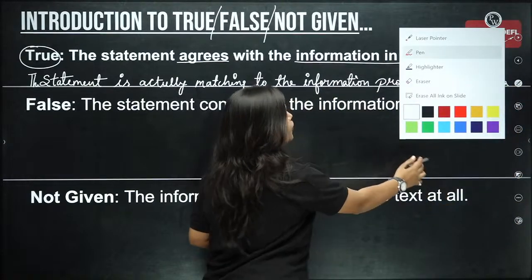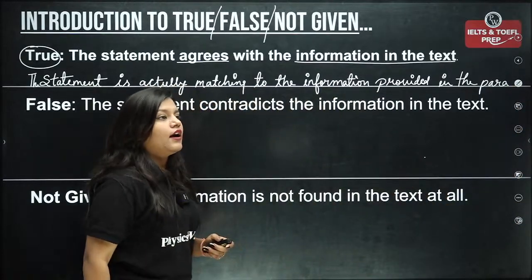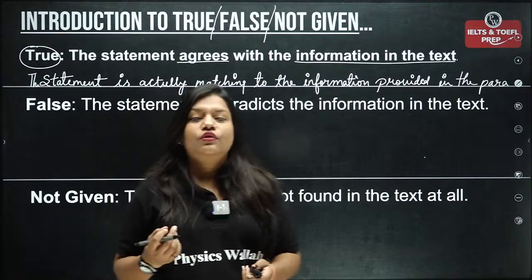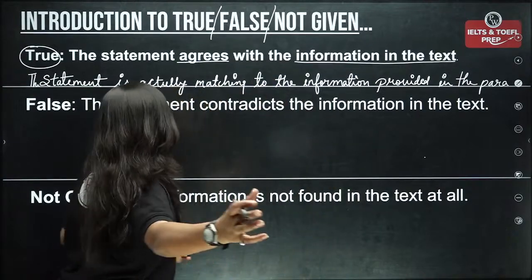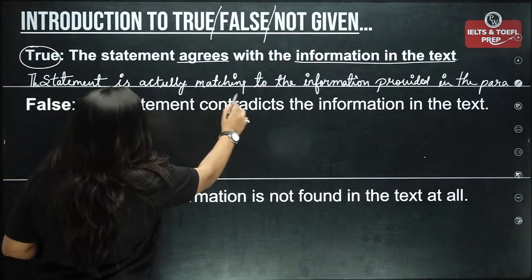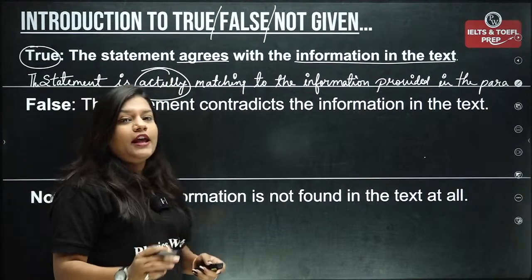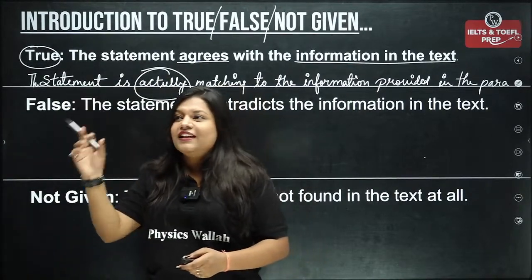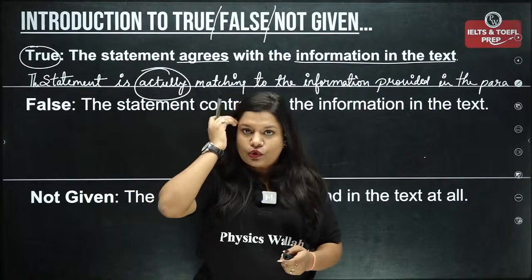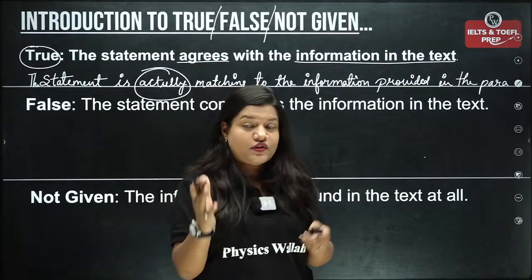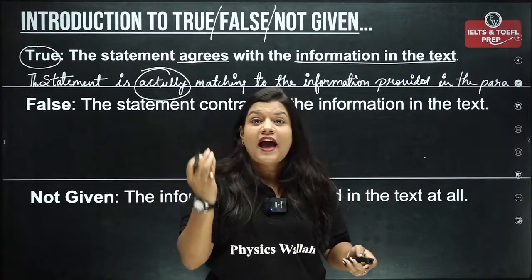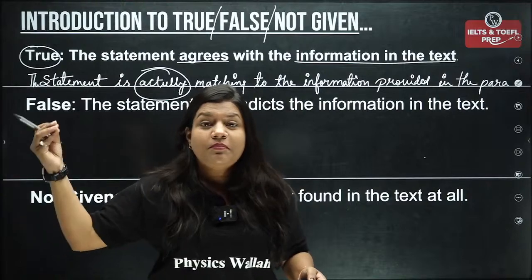So you've got to figure out from which para you are going to take your references. Now, the statement is actually matching the information. When I say actually, it means whenever you are going to give a statement the title of true, you've got to make sure that the information in the statement is actually matching the passage.